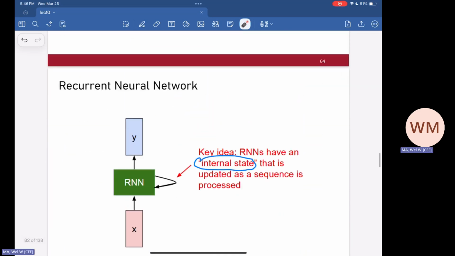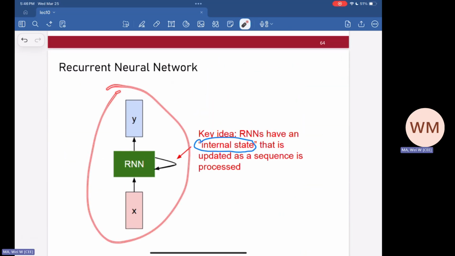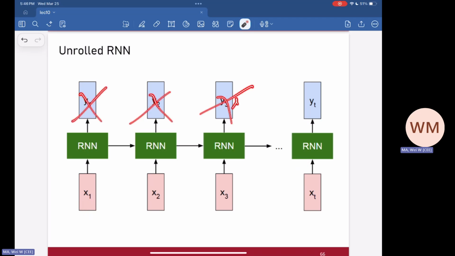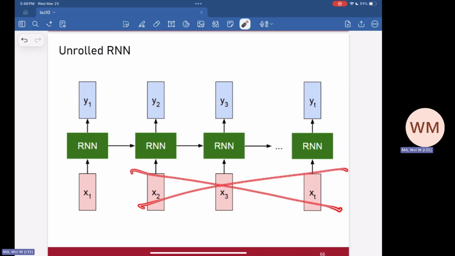I can draw it like this. You have X and you have R. If you want to do many-to-one, you don't need this one. Or if you want to do many-to-many, something like this. Or if you want to do one-to-many, you don't need to have this one. So it's very arbitrary. You just design based on your need.